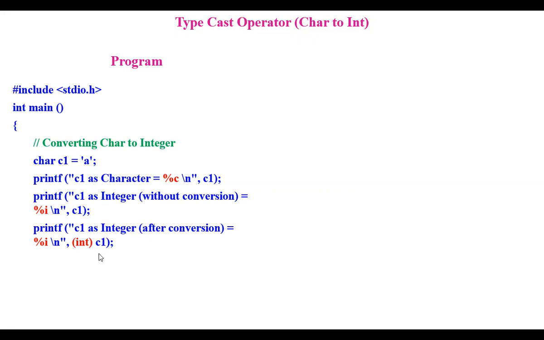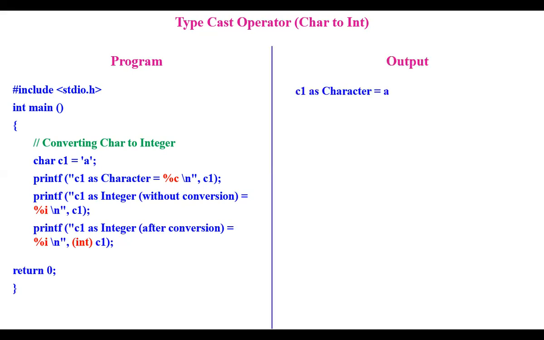The meaning is that this character data type is to be converted to integer type. This is the way of converting one data element to another data type. Because it is an integer, I want to display it as an integer. Complete the program, compile it, and execute.